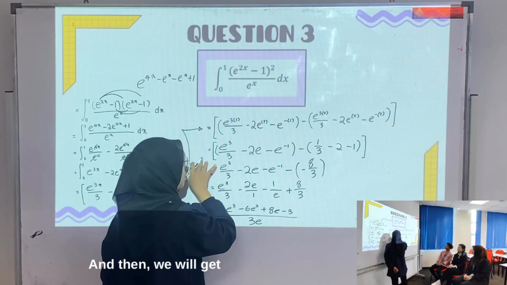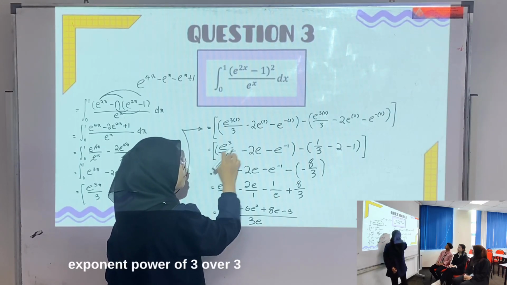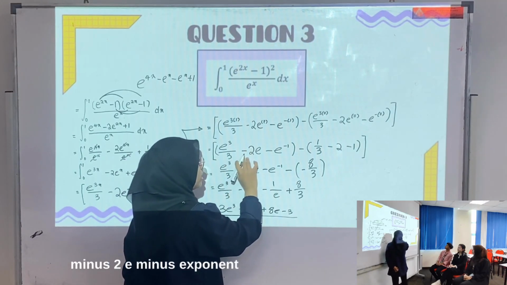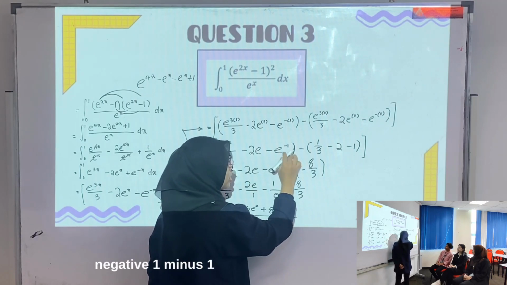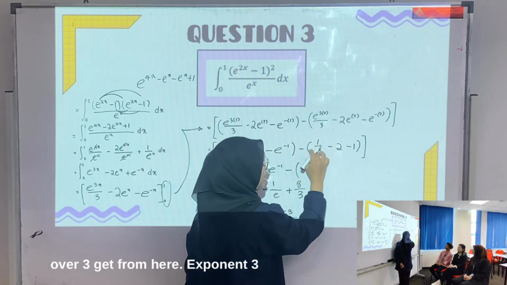Then we will get e to the power of 3 over 3 minus 2e minus e to the power of negative 1, minus 1 over 3.